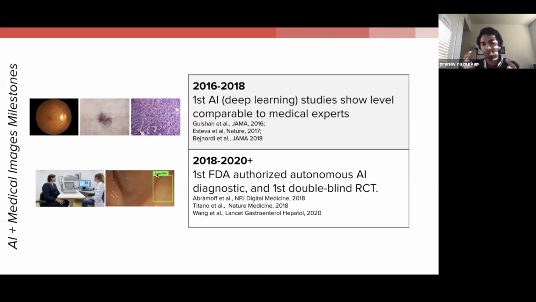You can imagine polyps are these little bumps on the inside of the colon that you want to recognize and remove. And these AI systems were shown to have a higher detection rate than a gastroenterologist operating by themselves. So that's been super exciting as well.